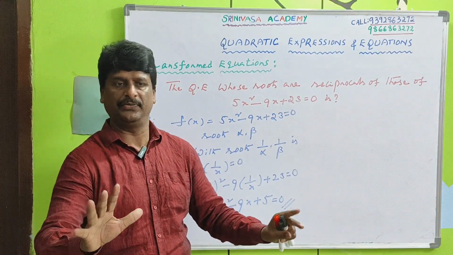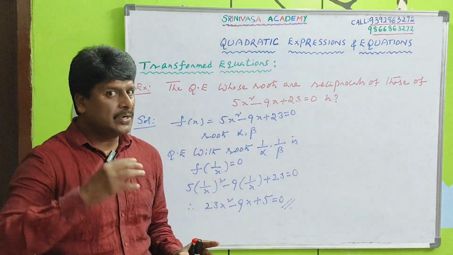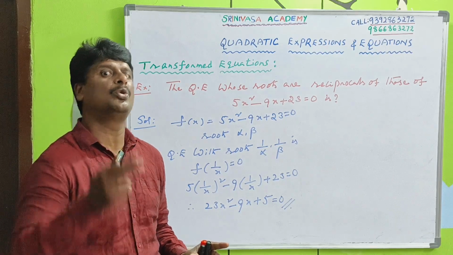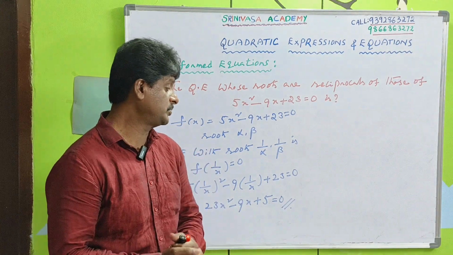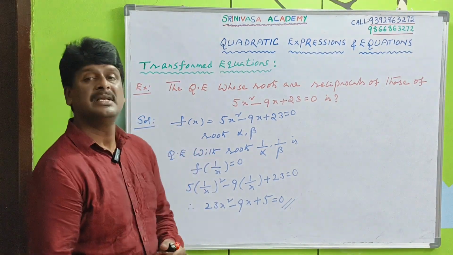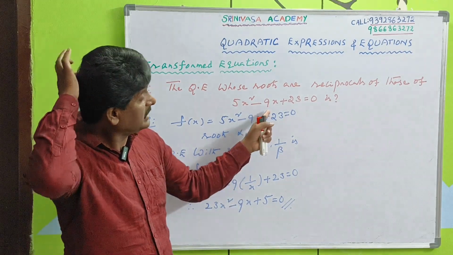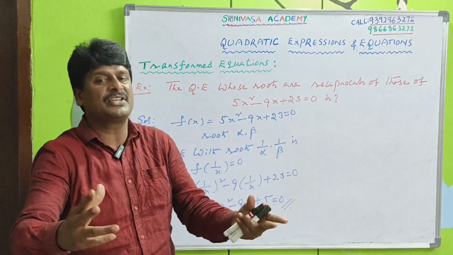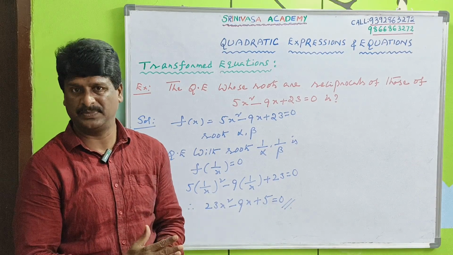Sometimes they will give the quadratic equation whose roots are equal in magnitude but opposite in sign, those of 5x square minus 9x plus 23 is equals to 0. Okay, see, equal in magnitude, opposite in sign means, suppose the given equation roots are alpha comma beta, required equation roots are with opposite signs, minus alpha comma minus beta.